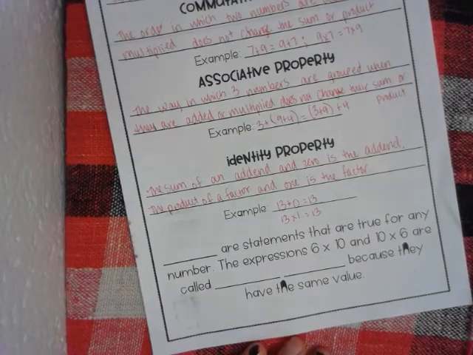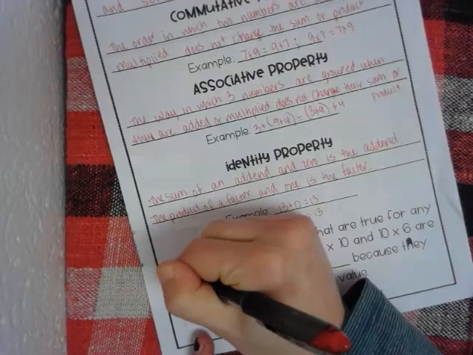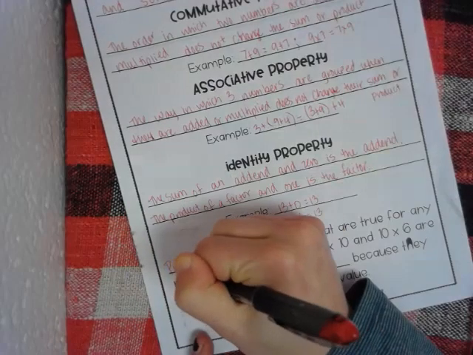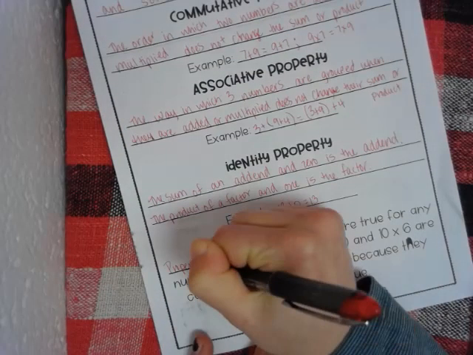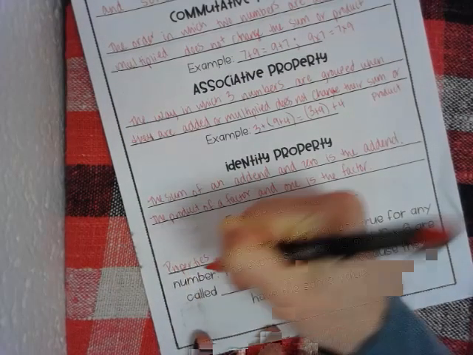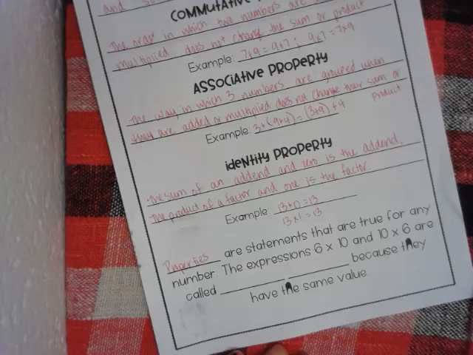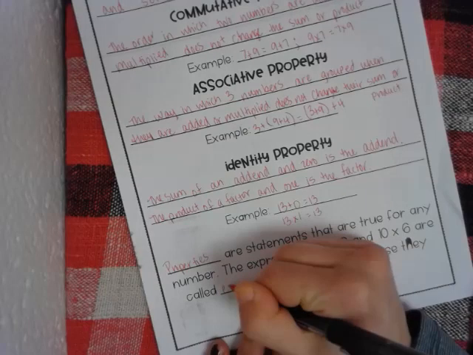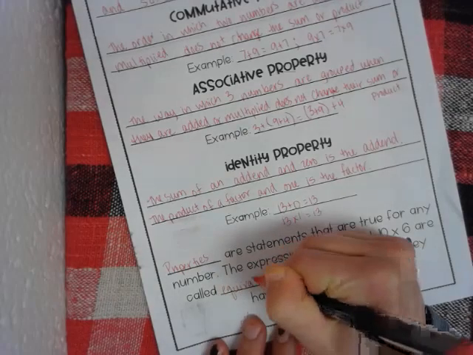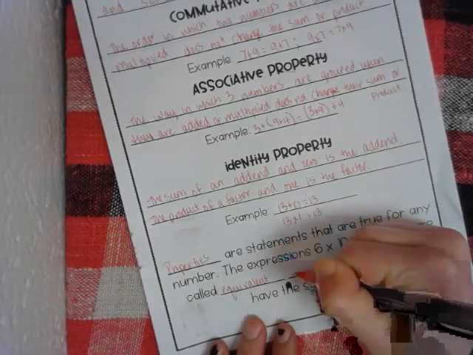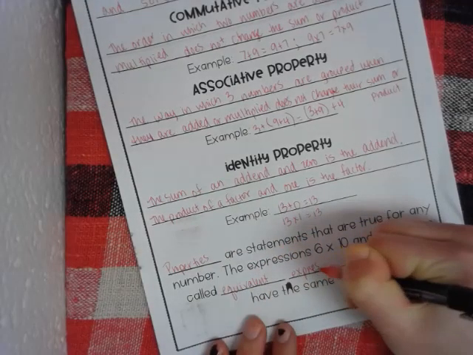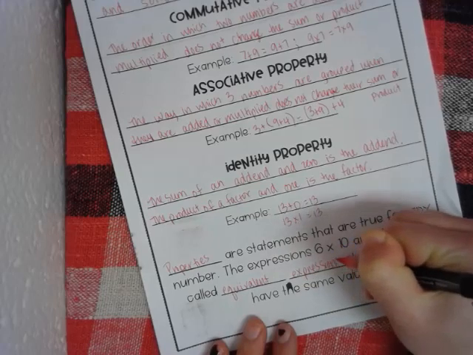So properties are statements that are true for any number. For example, the expressions 6 times 10 and 10 times 6 are called equivalent expressions because they have the same value.